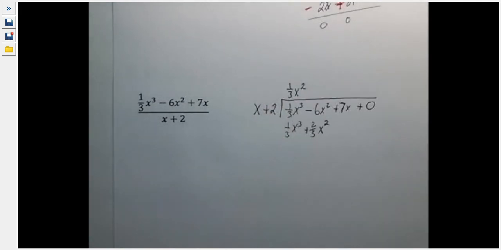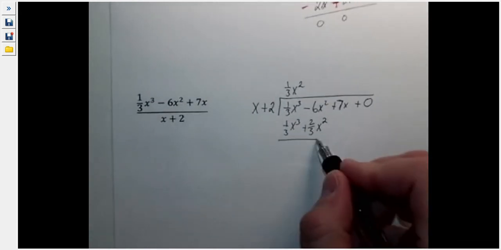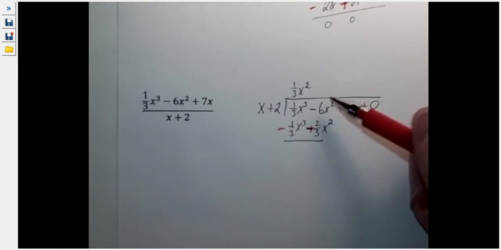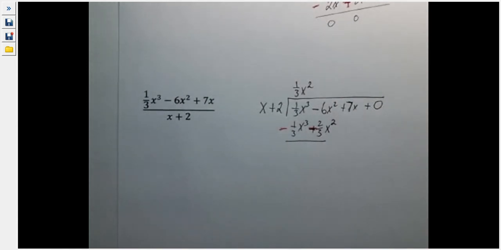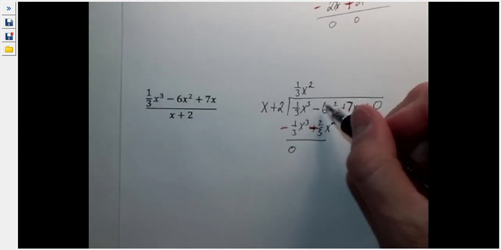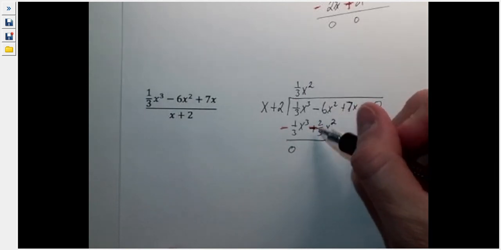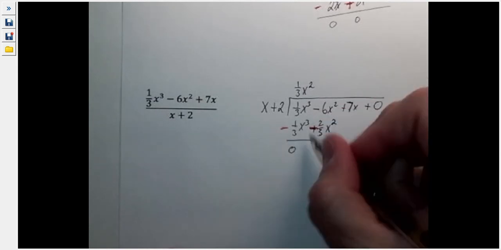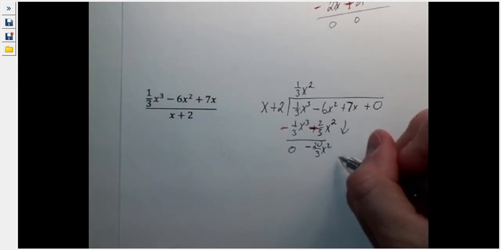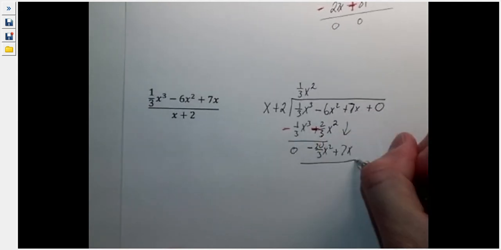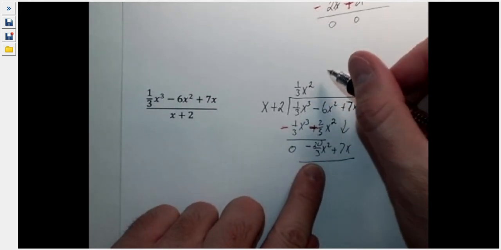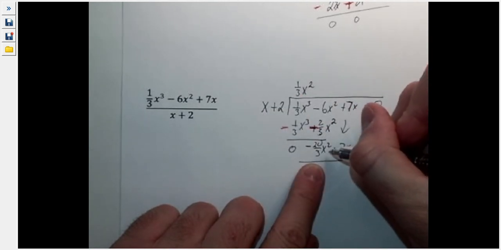So in this next step, when we actually subtract, it changes the sign, so that's 0. And then I have negative 6x squared minus 2/3 x squared. Well, you're going to first take 6 times 3, 18, so it's going to be negative 20 over 3 x squared. Bring down positive 7x. Then, what times x is going to give us negative 20 over 3 x squared?